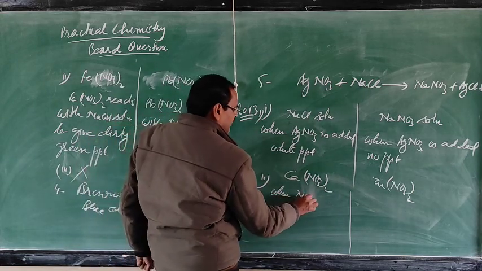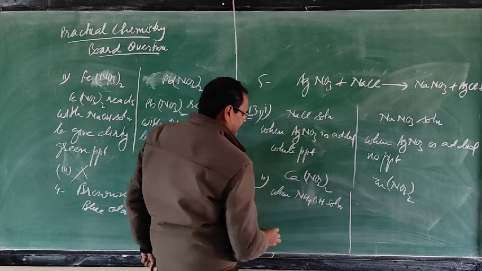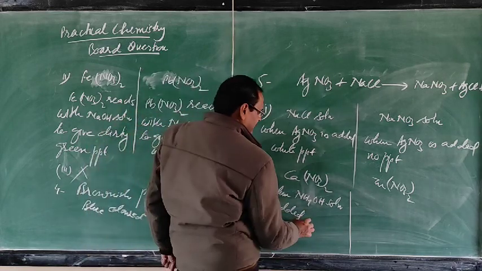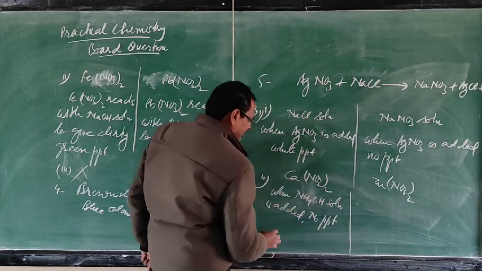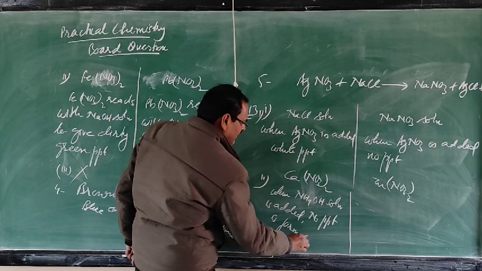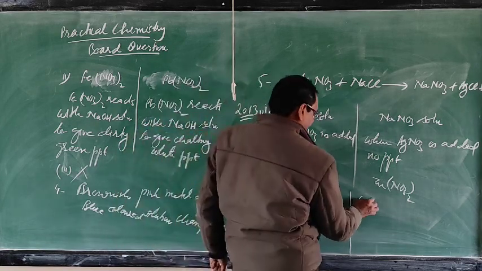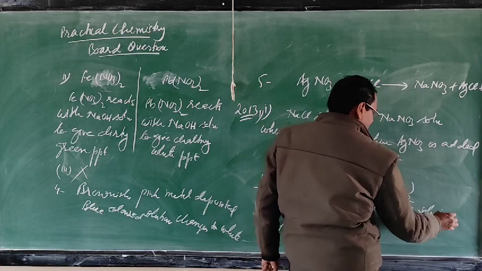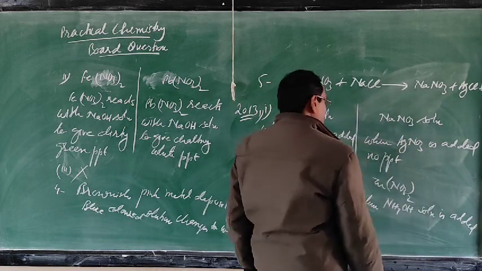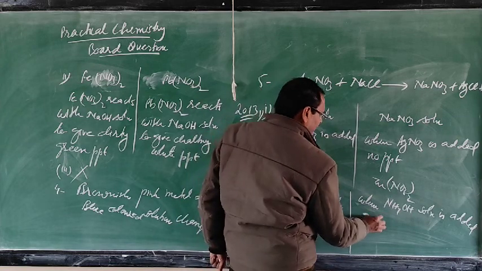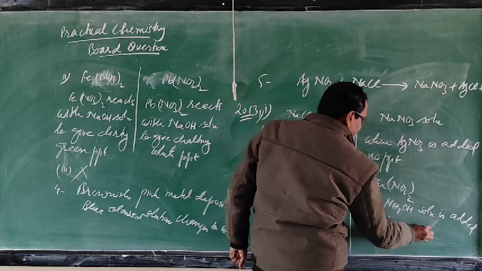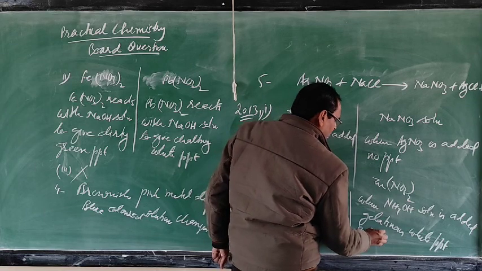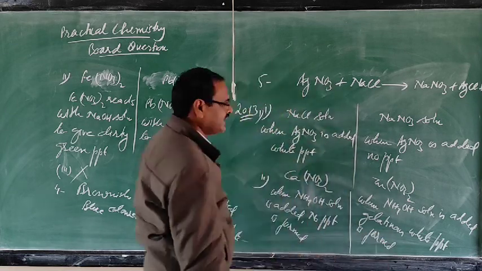When ammonium hydroxide solution is added here, no precipitate is formed; there, when ammonium hydroxide solution is added, a gelatinous white precipitate is formed.